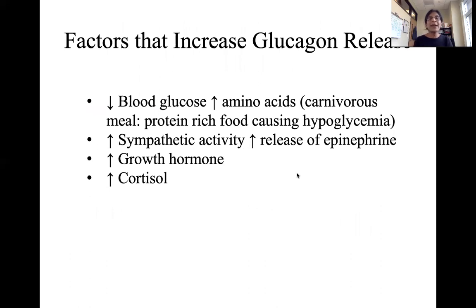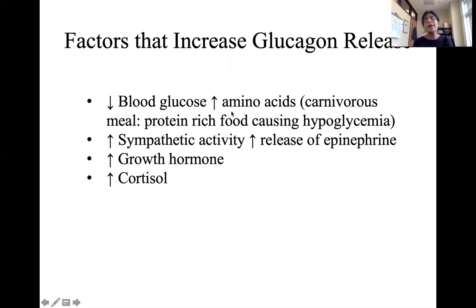Let's talk about factors that increase glucagon release. So what makes you release glucagon? As I mentioned, low levels of blood glucose increase glucagon release. Yet another interesting fact is increased levels of amino acids. Please recall that increased levels of amino acids release insulin. Increased levels of amino acids can also release glucagon.